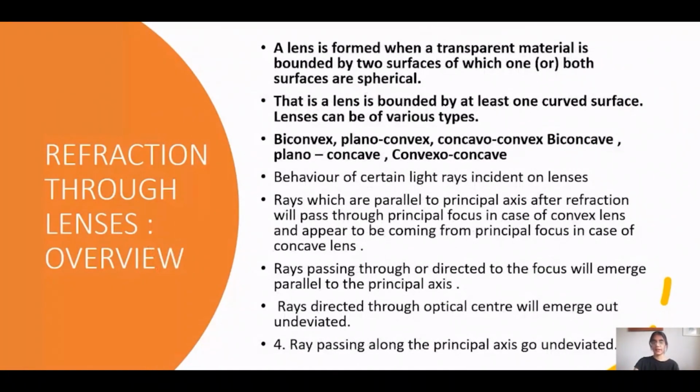Now, lenses. We know that a lens is a transparent material which is bound by two surfaces which are spherical. This is a lens. This is the transparent material inside that we're talking about, bound by two surfaces. One thing I will tell you about the lenses that we have studied in our previous classes is that they are all hard.